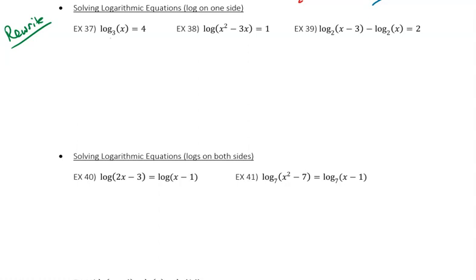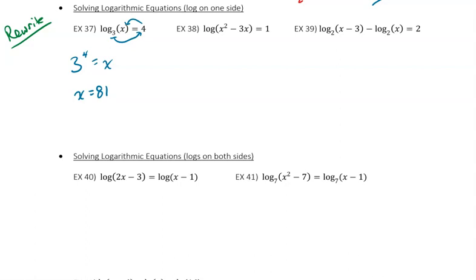So if we rewrite this, we're going to have 3 as the base to the 4th equals x. 3 to the 4th is just something you can put in your calculator. That's 81. And then we're not quite done though, because logs do have one other little thing that we have to watch out for.